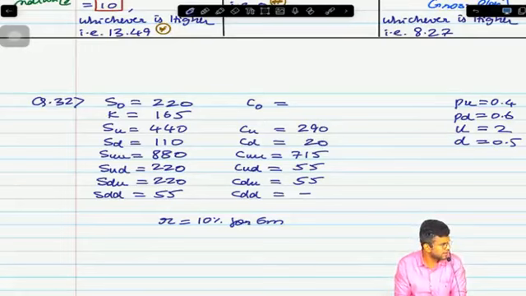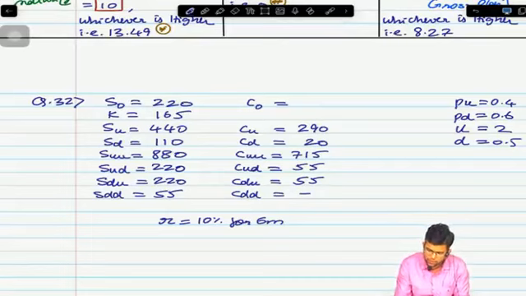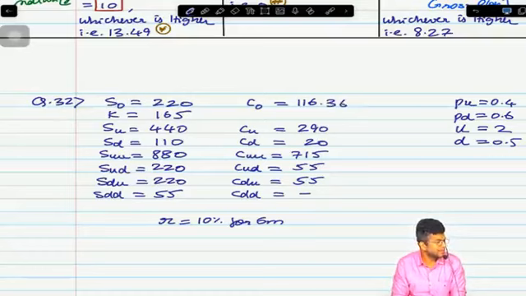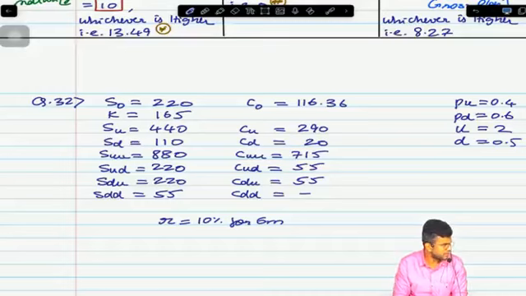CU 290, CD 20. Done. And then when you pull the whole thing back, C0 comes to 116.36. Kusuma found the error. Others found the error.